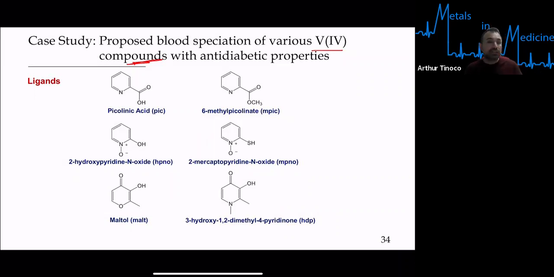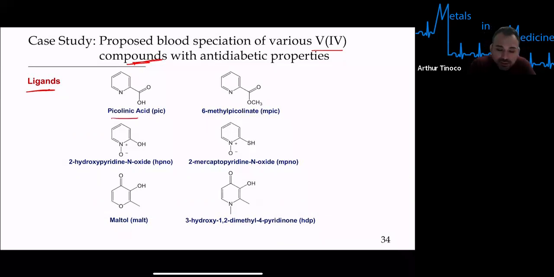That's something that we're going to discuss later in the course. But I just wanted to introduce this particular system to give us a perspective of speciation. So here I have a list of ligands that have the capability of forming vanadium-4 compounds that can exhibit anti-diabetic effect.